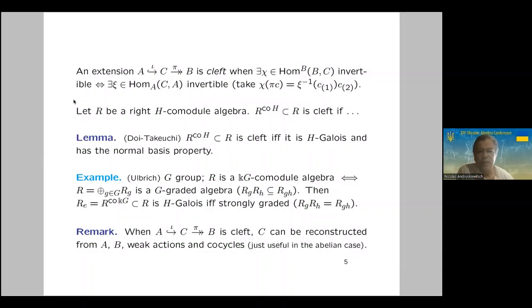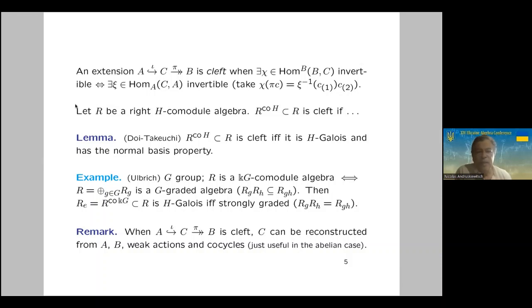The extension is cleft when there exists an invertible map of B comodules from B to C. And this is equivalent to having an invertible map of A modules from C to A. The notion of cleftness is more general, available for right H comodule algebras. For instance, if you have a right H comodule algebra, you take the right coinvariants, and then you say that this is cleft if there exists a map chi as before.